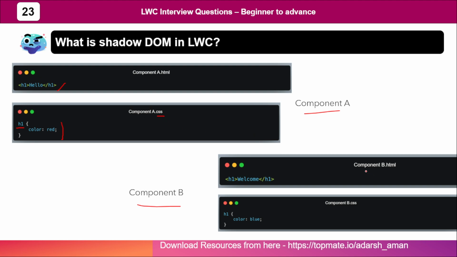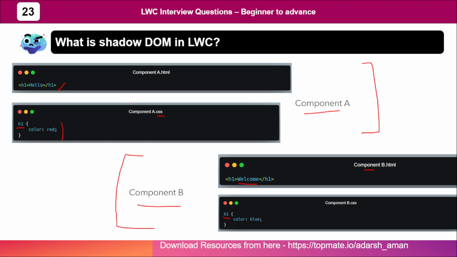And let's say component B is the child of component A. Here we have written welcome and given the h1 tag the color blue. So in this case, whatever welcome is displayed on the UI would be in blue color. This is happening just because these two components are isolated by the shadow DOM. Imagine there is no shadow DOM. In that case, what will happen?